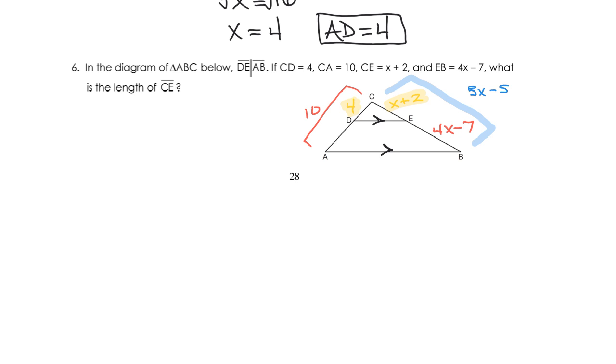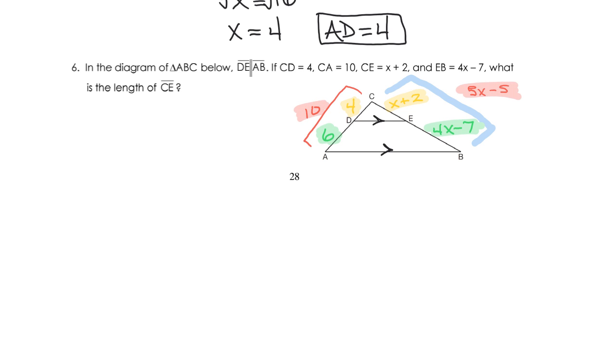Or I could do one a little bit easier and say that this piece down here has to be 6, so that 6 plus 4, part plus part equals my whole, which is 10 on that side. I think that's a little bit easier to do, and use the 6 with the 4x minus 7. But either one, it doesn't matter.